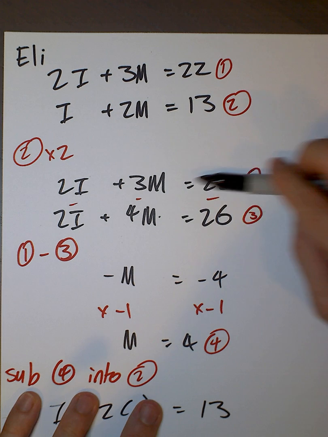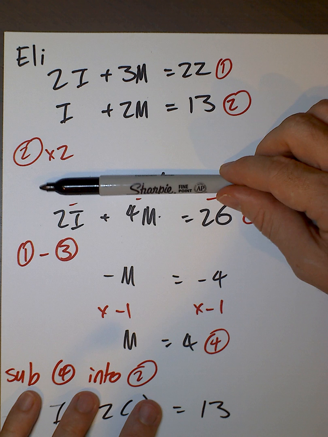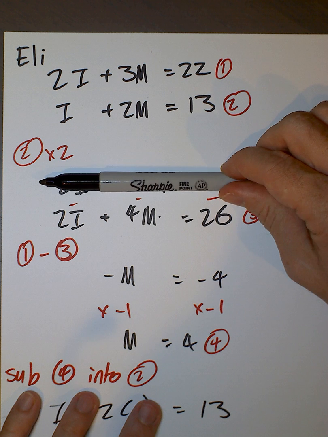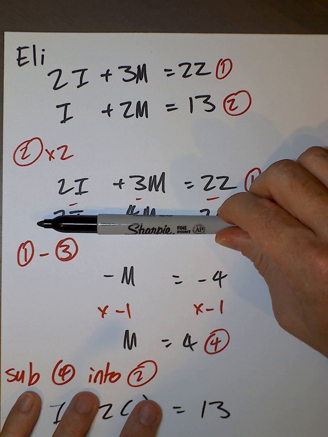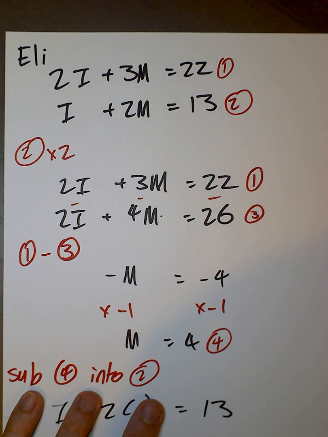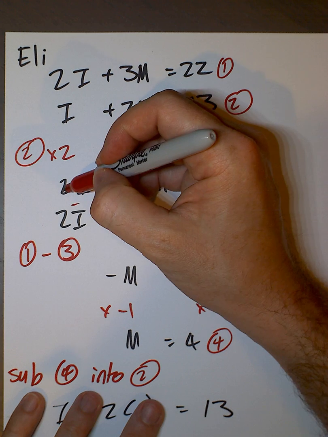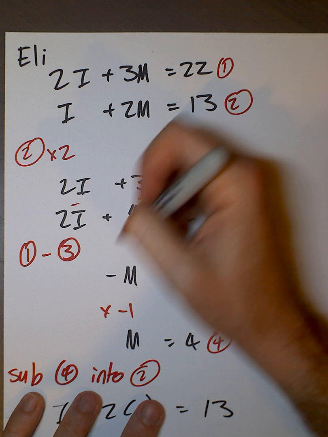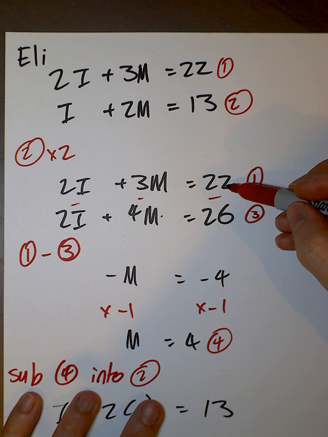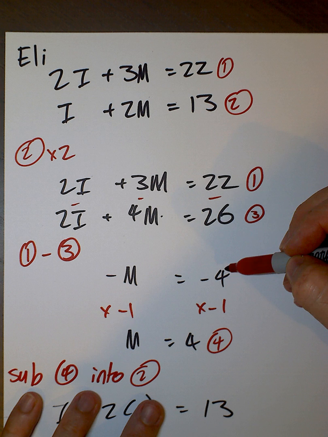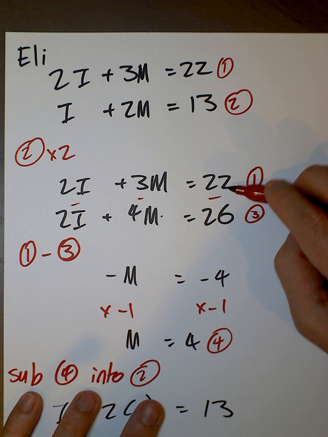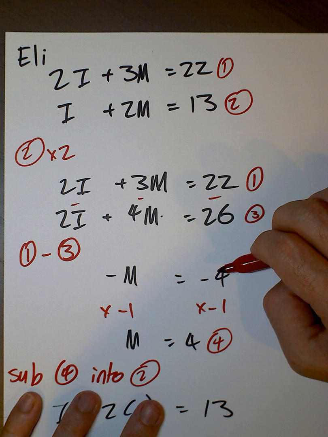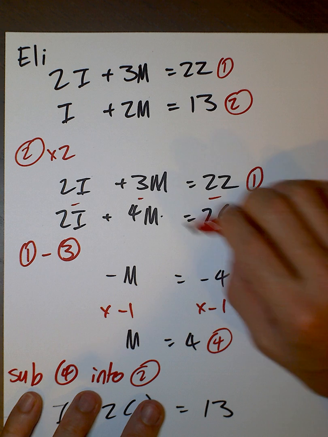Usually I put what I'm taking away from on top, and then I minus my lower value. But the way we've got to read this, and the way I taught you in class, it's 2 minus 2 equals 0. 3 minus 4 equals negative 1m. 22 minus 26 equals negative 4. So you've got to slow it down, learn from my mistake, and pay attention to what you're doing in these minuses.